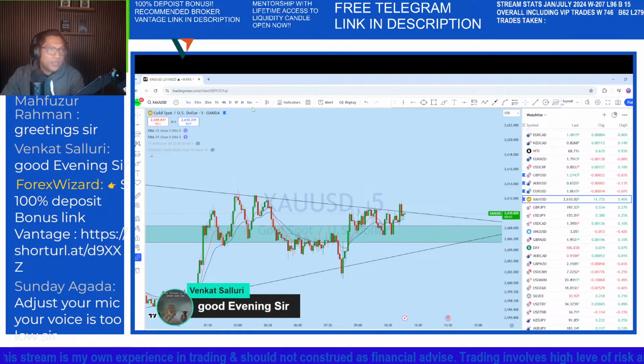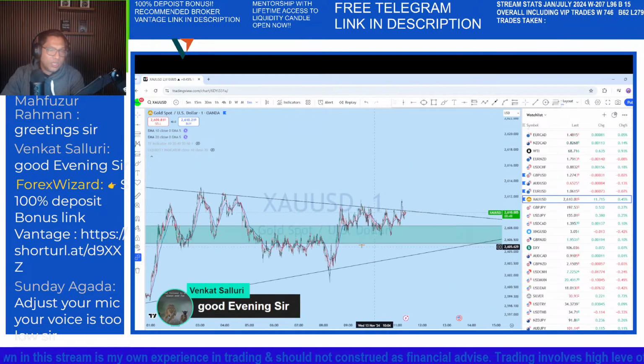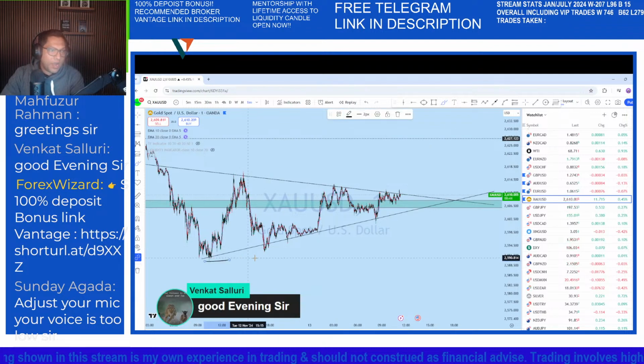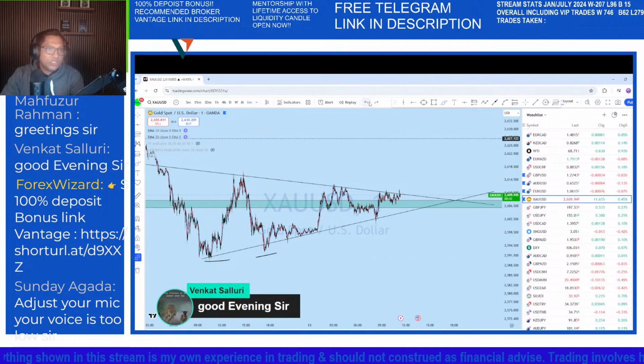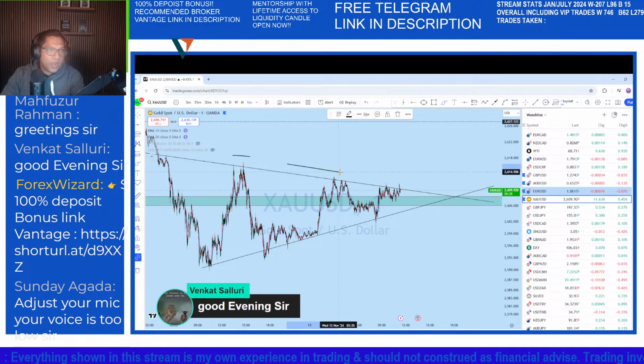So if we look at the lower time frame again with the 1 minute chart on XAUUSD, we can see that this market is forming a series of higher lows in this area, and also a series of lower highs in this area.